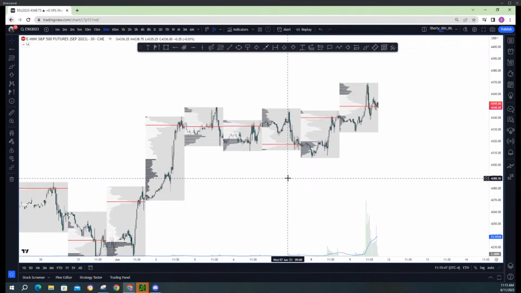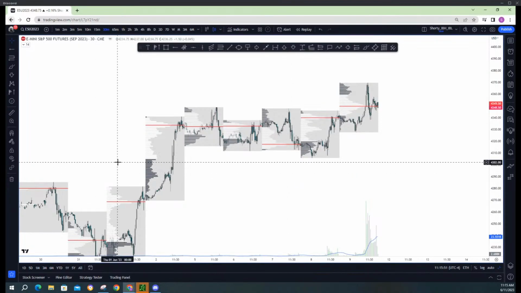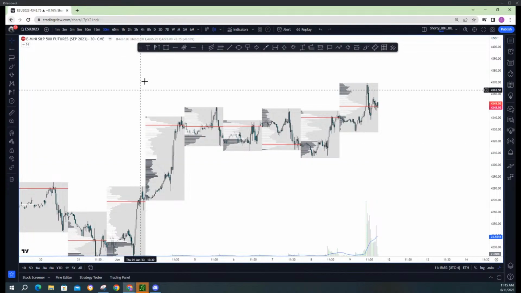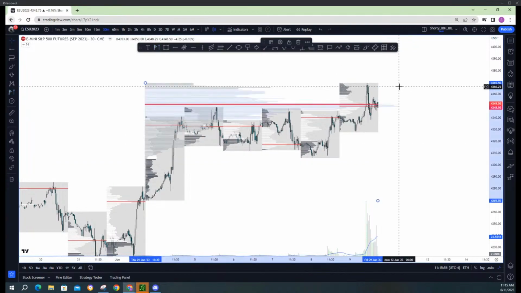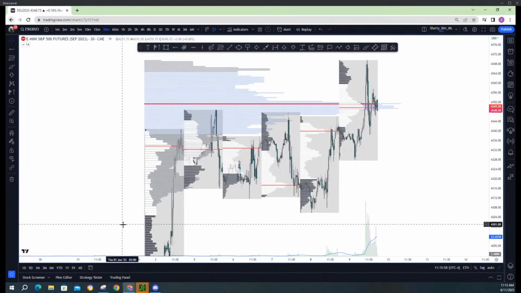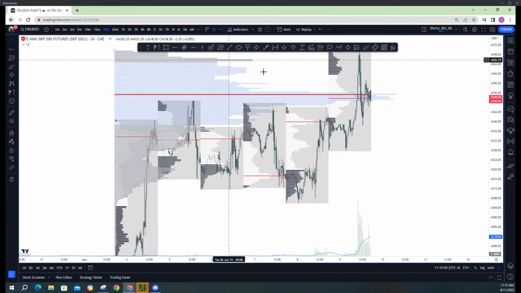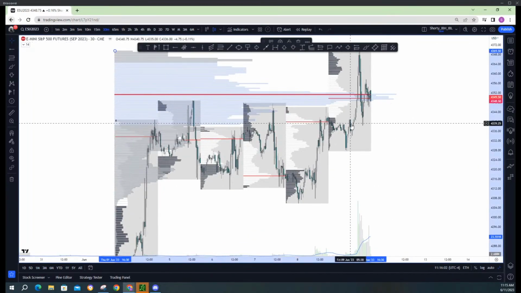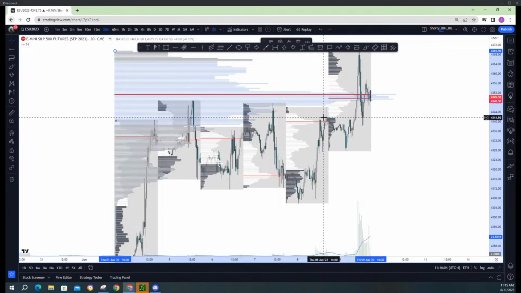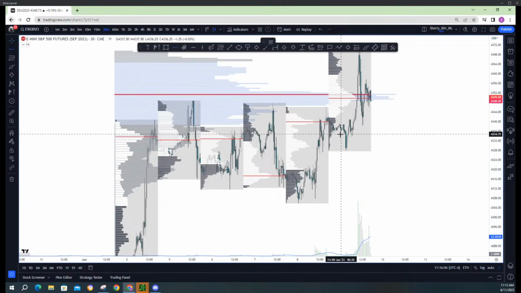Shorty, let's say tonight, can you draw those lines again? Okay, so let's say tonight they take out and go all the way to the bottom, to the value area low. Value area low of what?